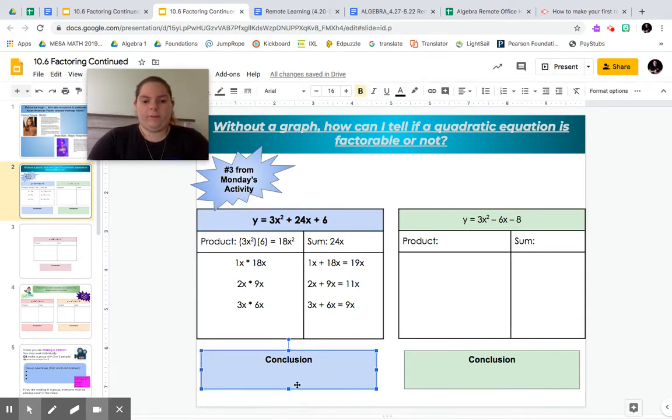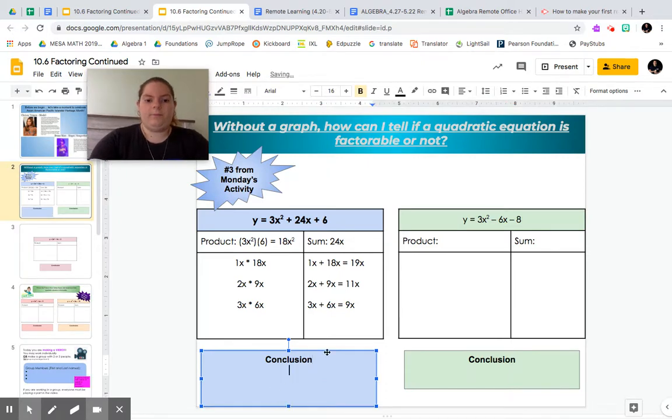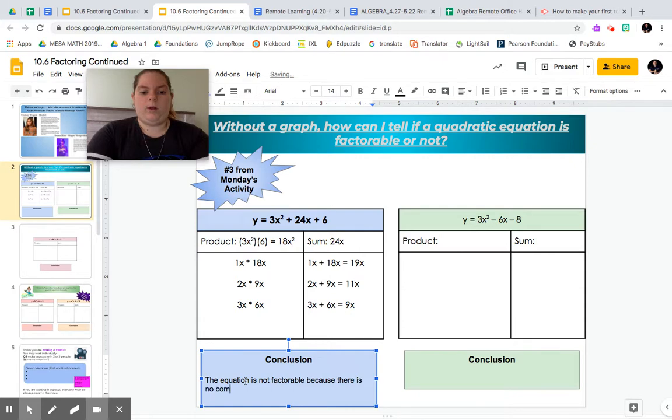So unfortunately, our first example here, we could write a conclusion: the equation is not factorable because there is no combination of terms that would give us a sum of 24x.